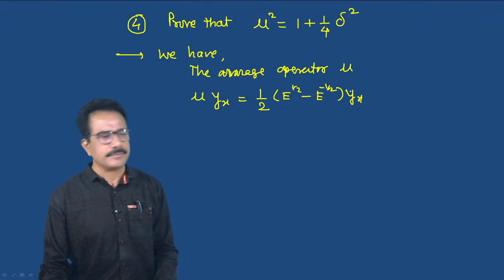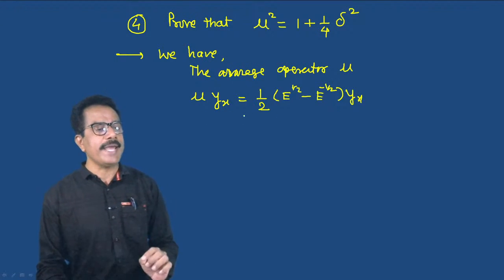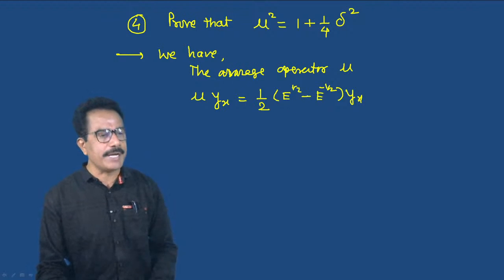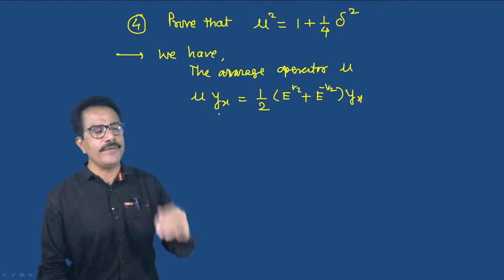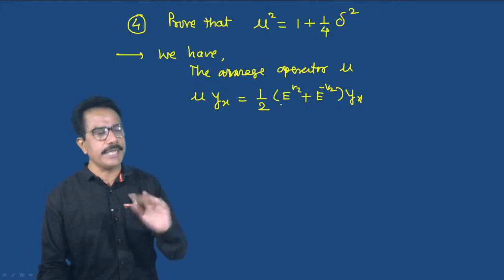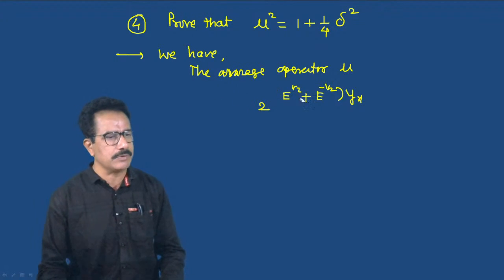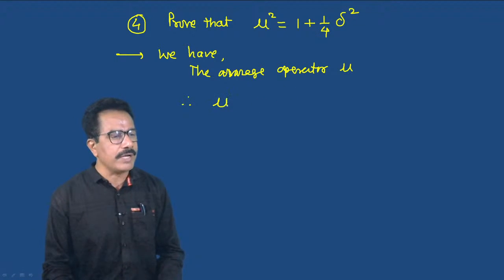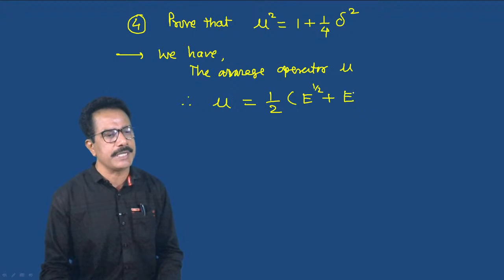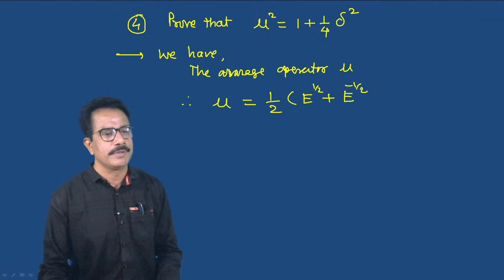Mu means e raised to 1 by 2 plus average, right? Mu of yx, let me write it simply first so that it is clear. Therefore we have average operator mu equals 1 by 2 e raised to 1 by 2 plus e raised to minus 1 by 2.